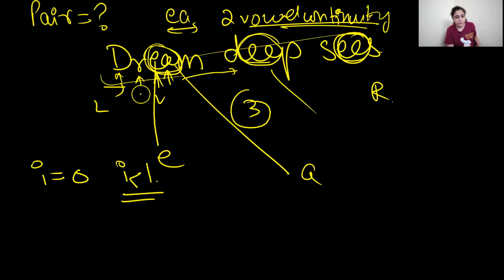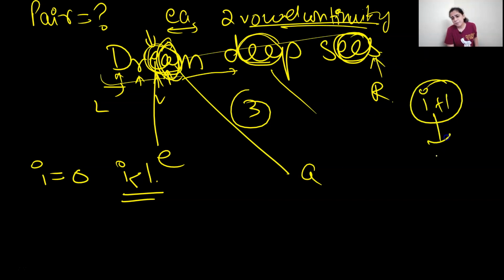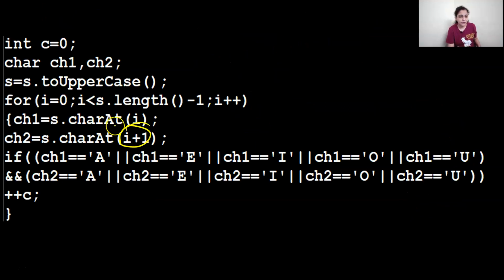For the current ith position, the next letter will be in ch2. So when you come to the last position and you do i plus 1, you will get a runtime error, a string index out of bounds exception. That's why you have to keep in mind that you have to take s.length minus 1.